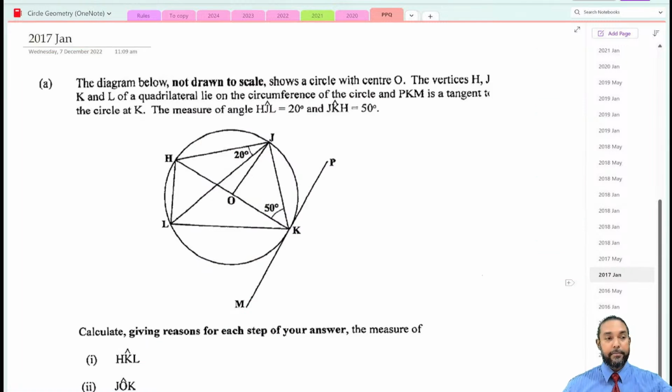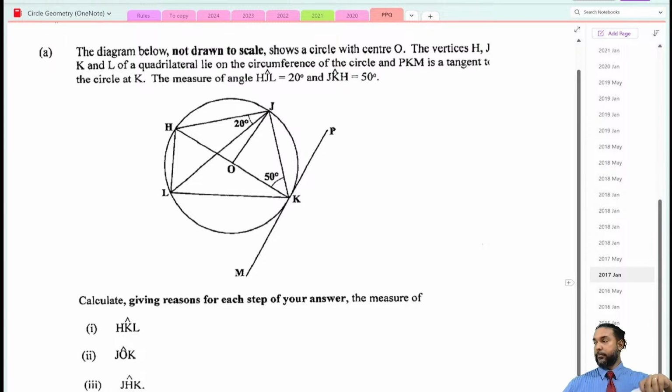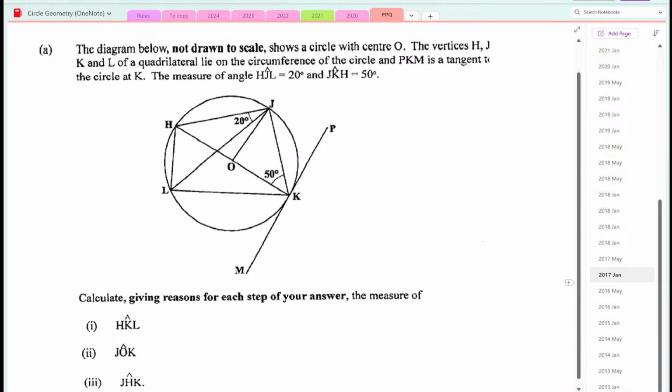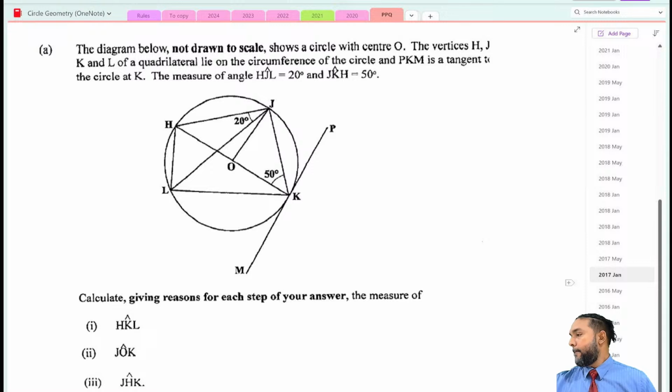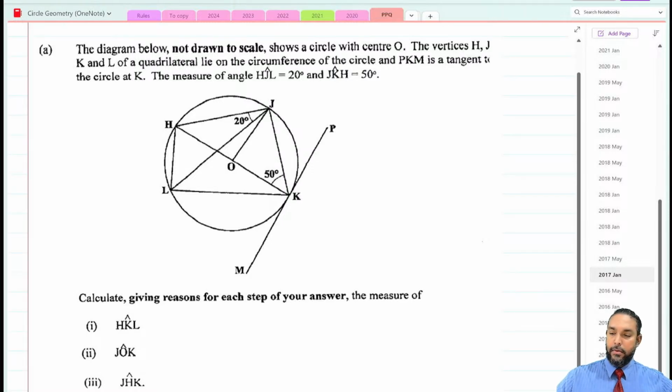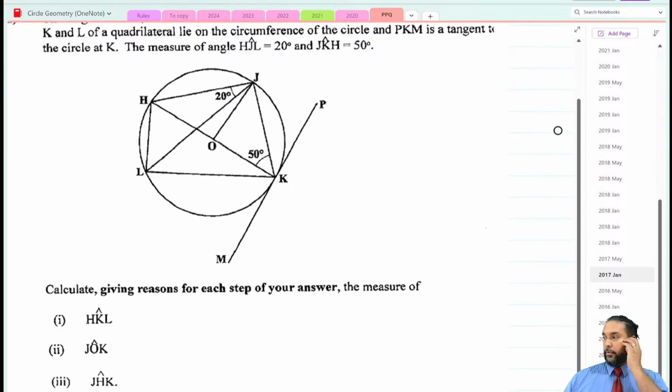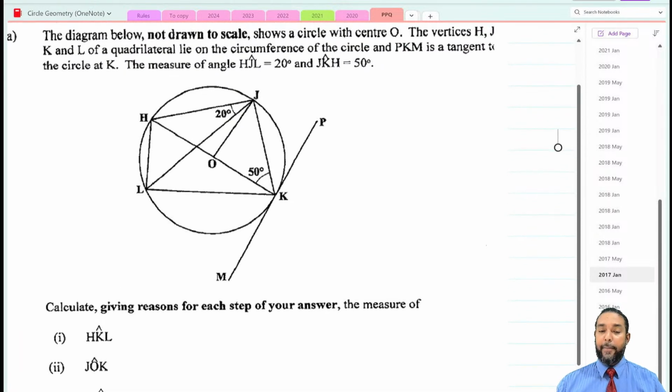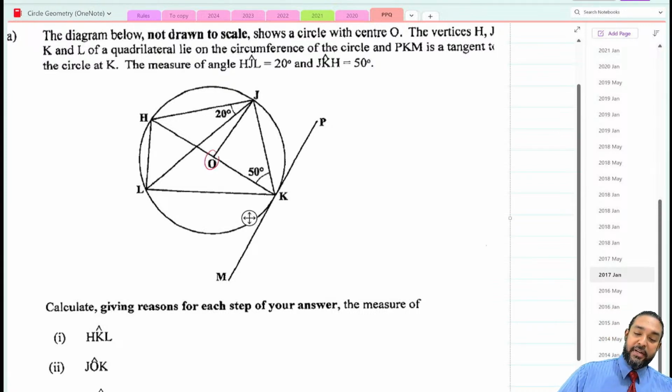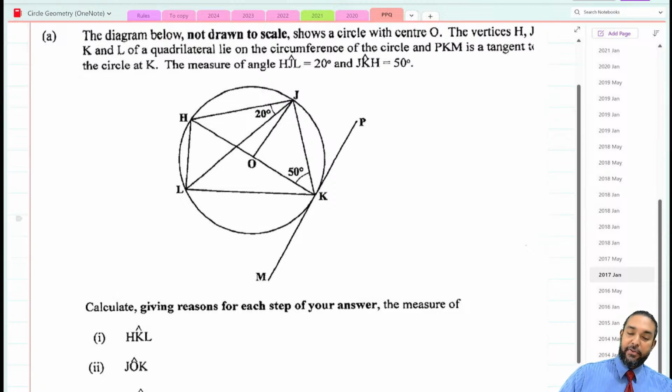Okay, going again. 2017 Jan. This one has 3. Diagram below, not drawn to scale, shows a circle with center O. So O is the center of the circle.